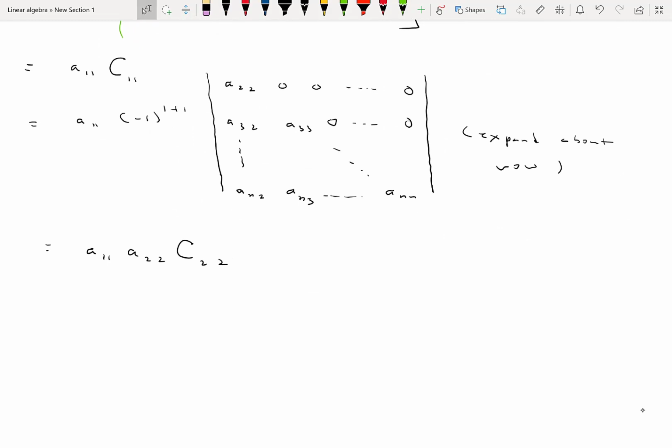And we continue this. A22 C22 is A22 times -1 to the 2 plus 2 times the determinant with A33, zeros, zeros, all the way up to Ann.